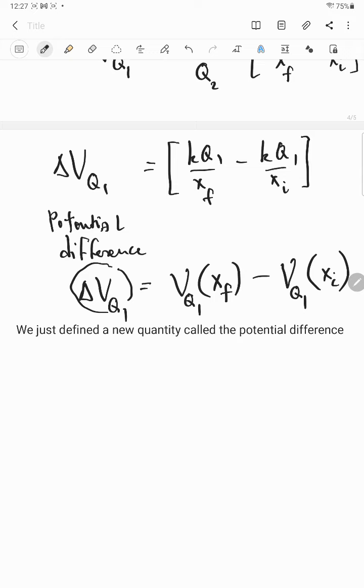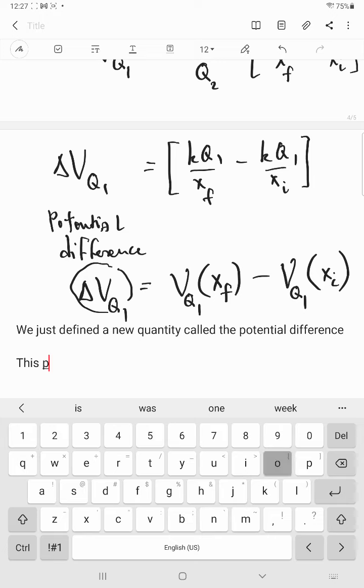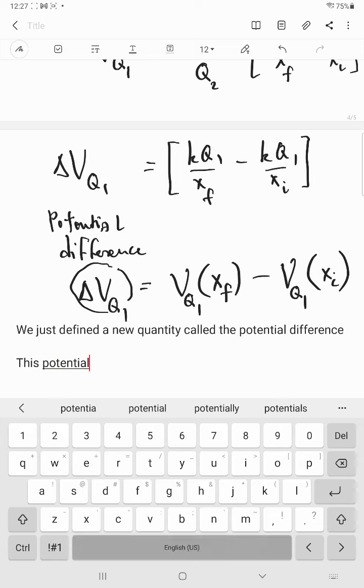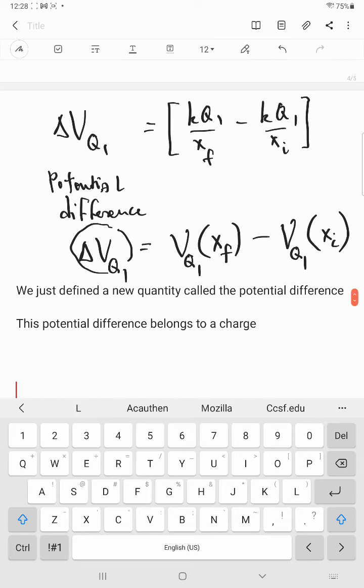And so the potential difference, in a sense, belongs to a charge. Actually, I'm not going to pick a particular charge. It belongs not to a single charge but to a charge distribution.